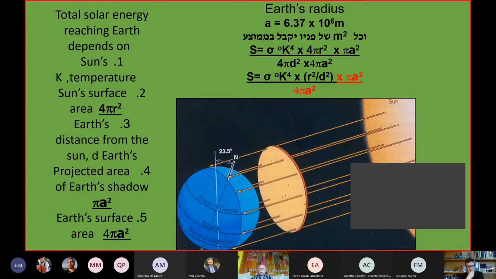But that is distributed over the surface, and the surface is 4 times larger than the shadow cast by any sphere.